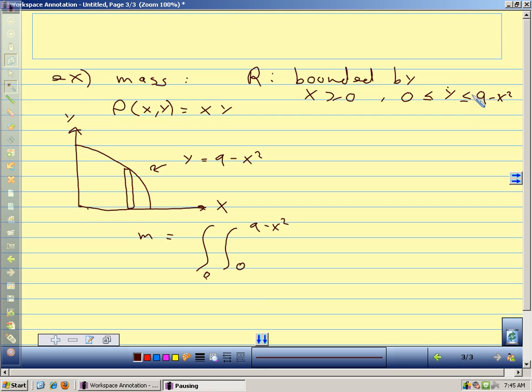Is it a parabola? Yes, you're right, that should be a root. And so x equals 0 to 3. Y times x. We can do xy, doesn't matter. xy dy dx. And we would evaluate that integral. Wait, but then don't you multiply it by?